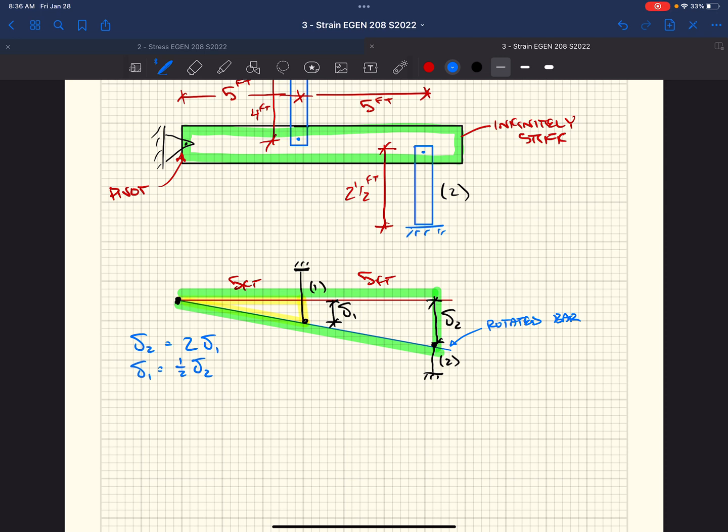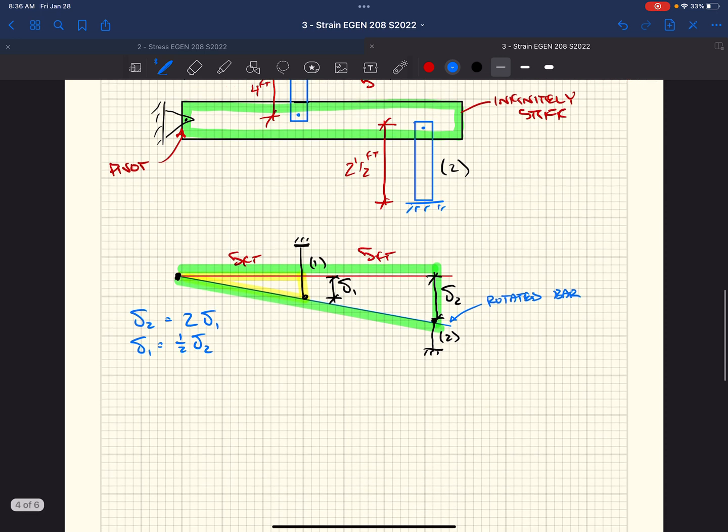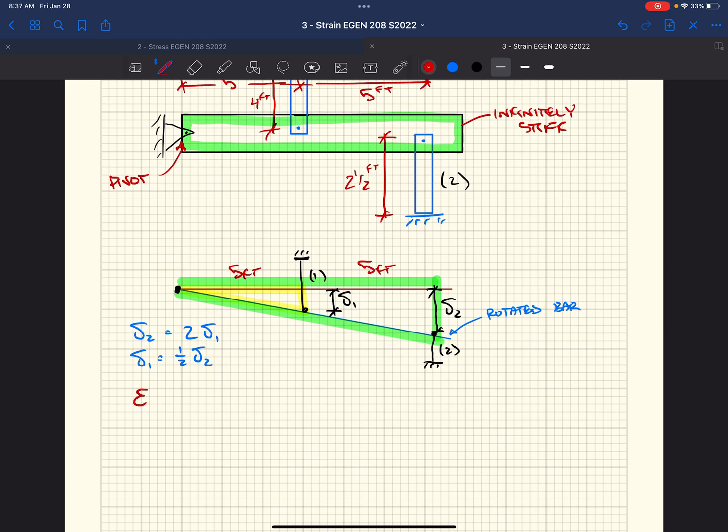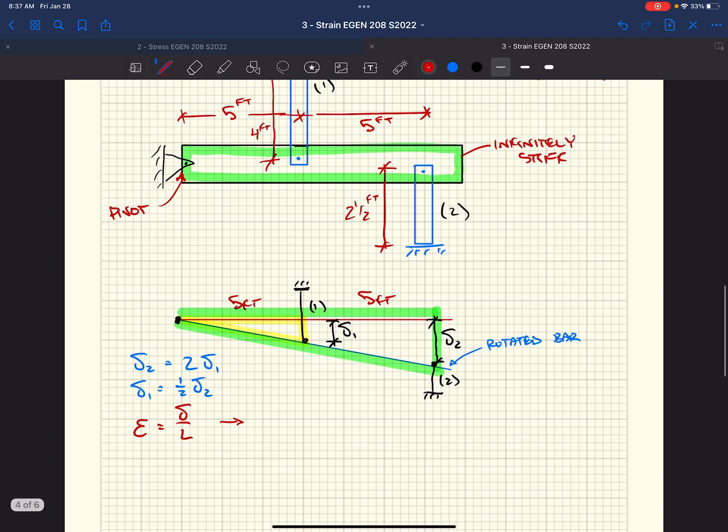Now that we know a relationship between the change in lengths of our two rods, we have our strain equation, which relates the change in length of a rod over the original length. We have the original lengths. So we start by saying the strain equals delta over L. In order to get the strain in rod 1, we need to figure out the change in length of rod 2 based on our known strain.